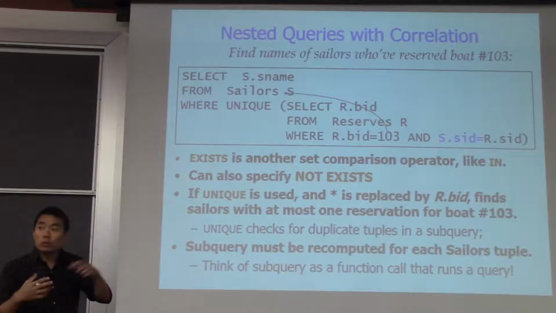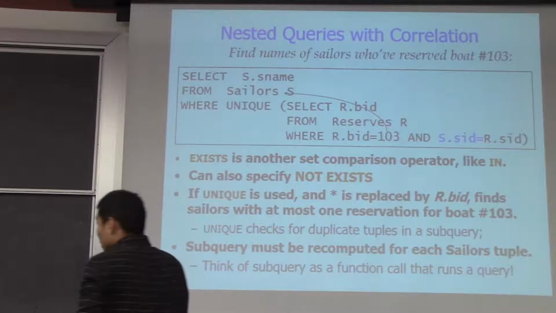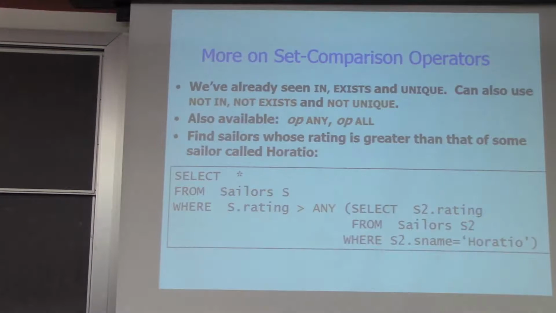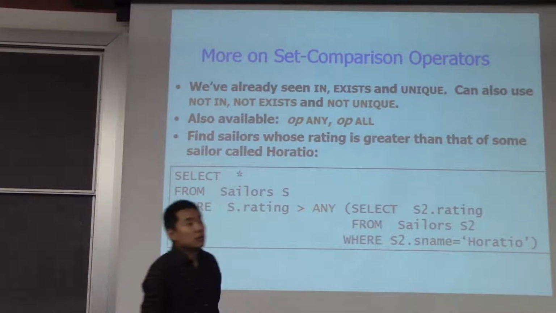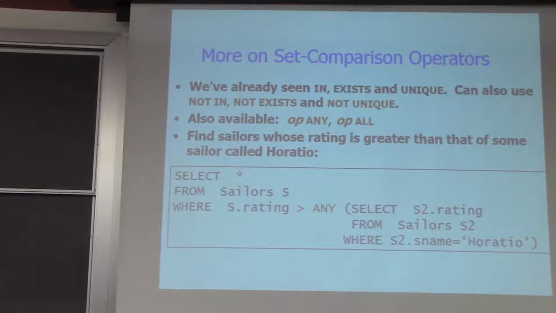This one: the sailors who reserved both boats 1 and 3 exactly once, not just at most once. Next, if it is not able to find any record that matches the subquery, how does it interpret?